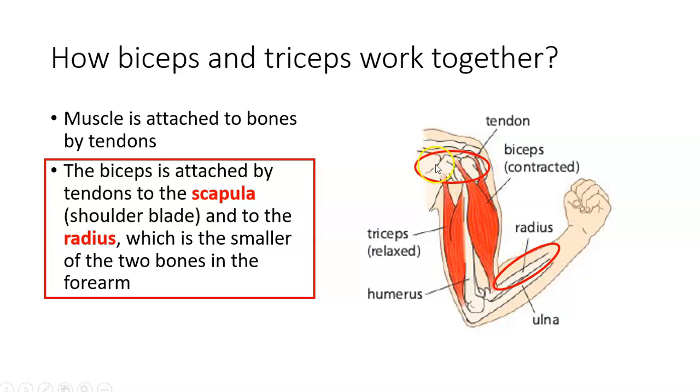So you need to remember exactly this figure. So biceps, radius, which is on top of the ulna, or ulna is under the radius, and scapula here. Biceps are attached to radius and scapula, which are causing the contraction of the forearm.